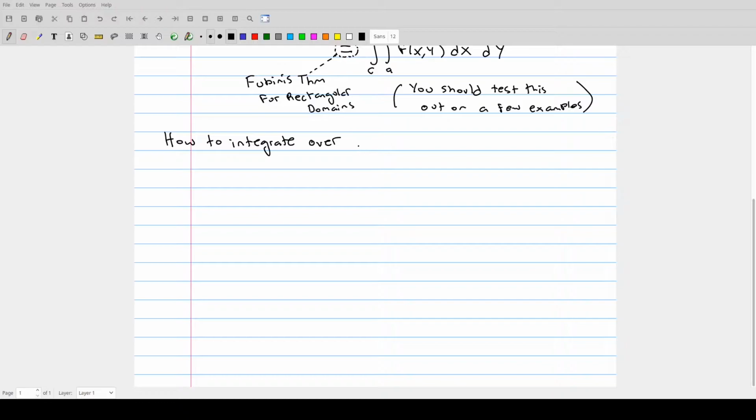We'll put more general domains. So for example, if we can draw a picture of a slightly more general domain in the following way. This is very much related to when we went through the other day and got the area of a circle.